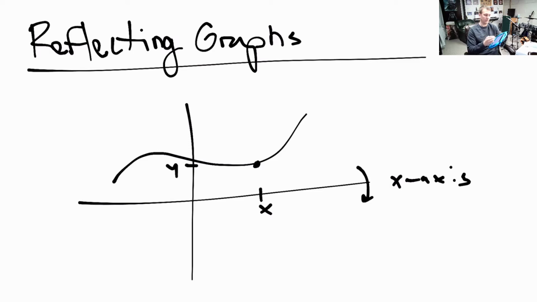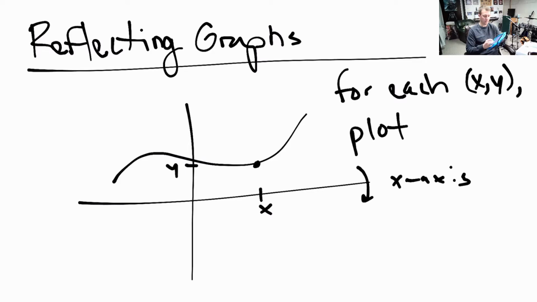So for every point x, y, plot the same x with the opposite of y. That's how you can reflect any graph, any function across the x-axis. You just replace the y height with the negative of it.